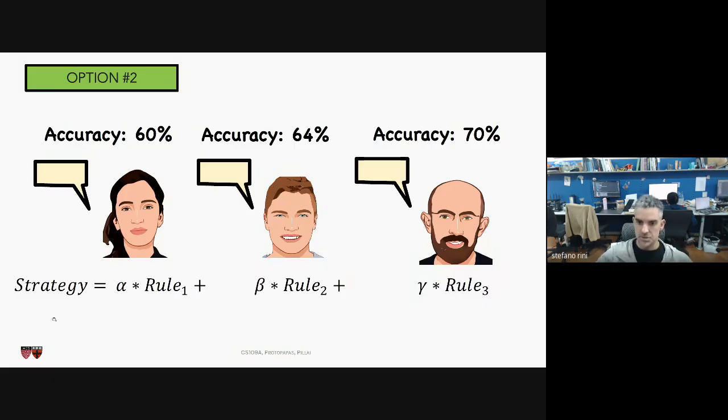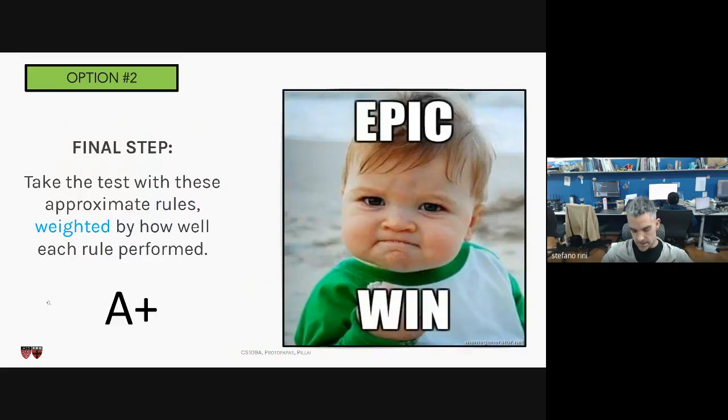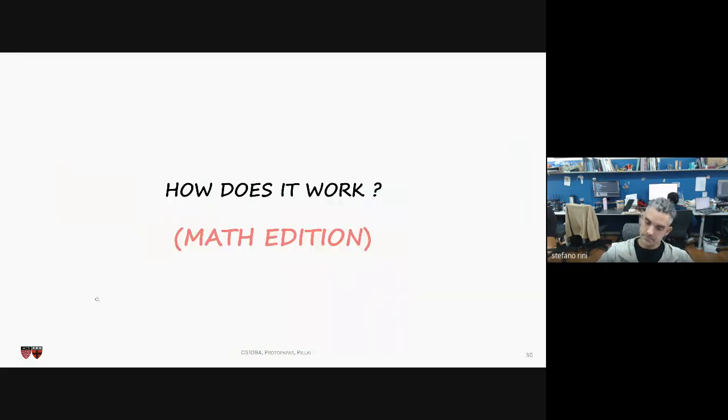So your final strategy will be to combine the different rules with different weights, and this will result in a very strong performer that will win you an A+ in your score. Now let's see more of this in mathematical terms.